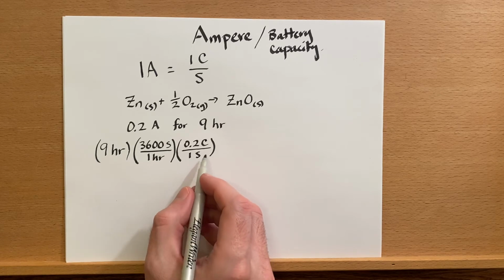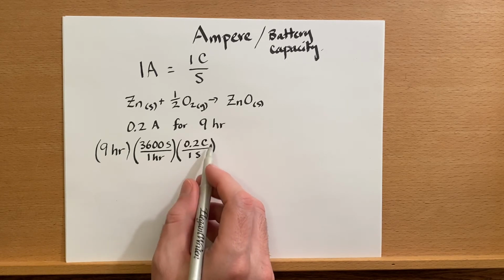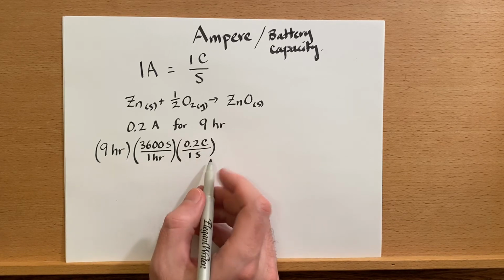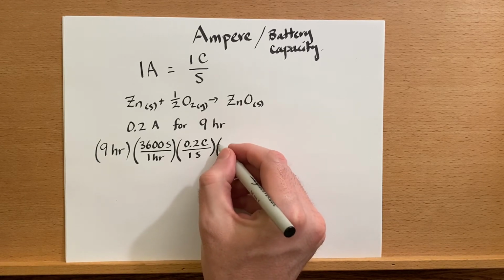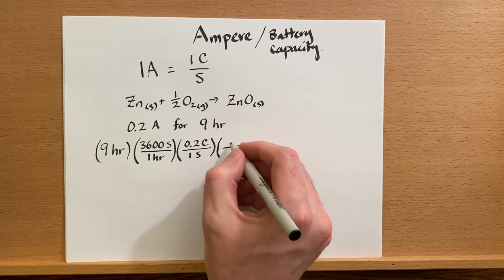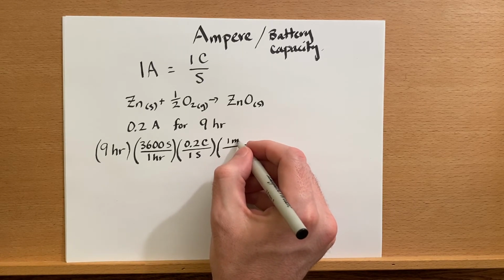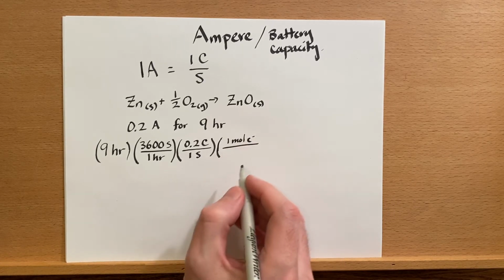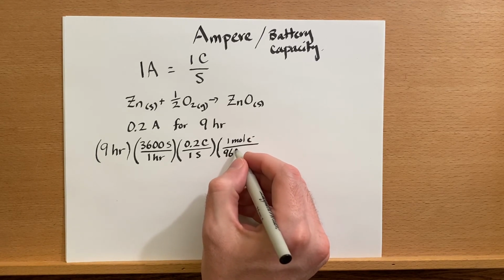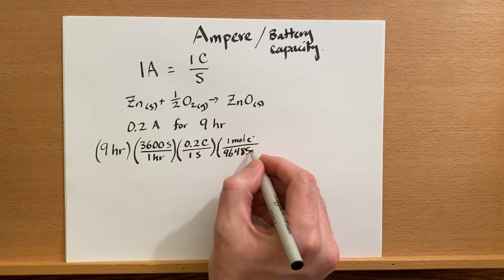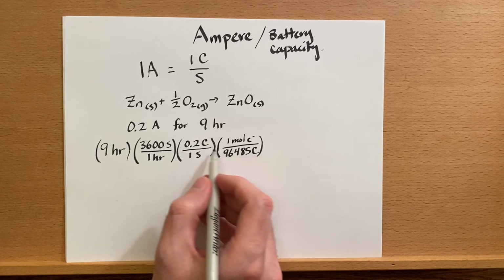And now I'm going to convert the number of coulombs that I have into moles of electrons. To do that, I'm going to need Faraday's constant. Now, I want 1 mole of electrons up here, and Faraday's constant is 96,485 coulombs for every mole.